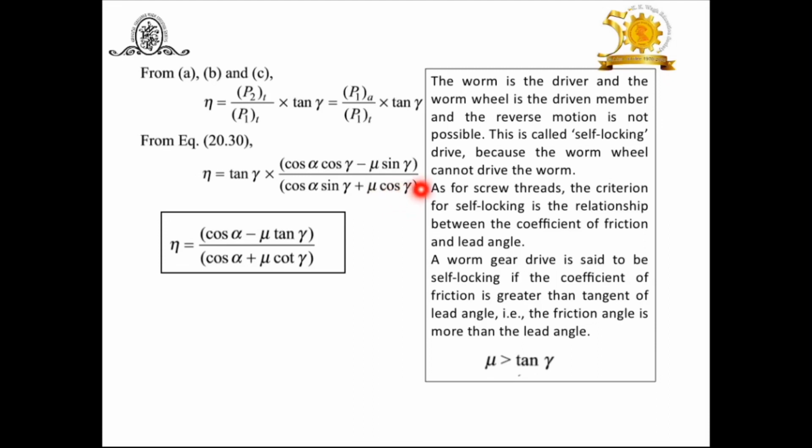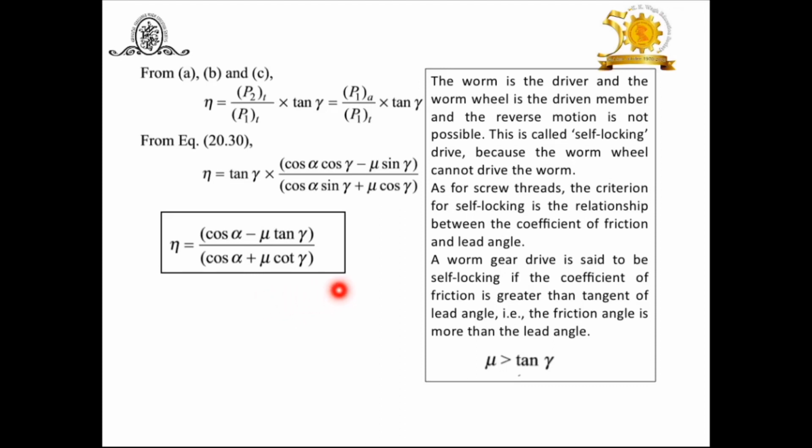These equations are obtained from the resultant reactions of the forces in force analysis plus frictional forces, superimposing these values, we have obtained the resultant forces on the worm and worm gear. By substituting these values, we obtain the final expression: efficiency is equal to cos alpha minus mu tan gamma upon cos alpha plus mu cot gamma. By using this expression, we can easily find out the efficiency of the worm gear drive.